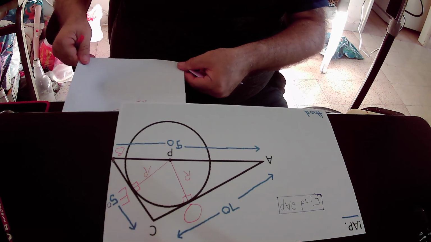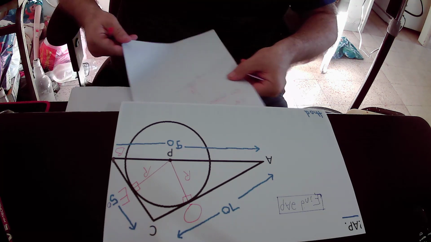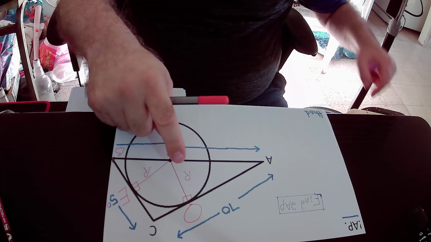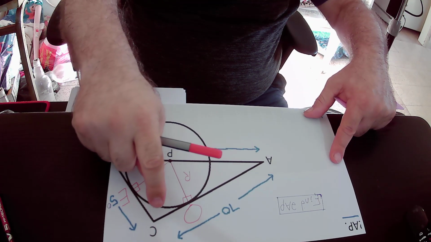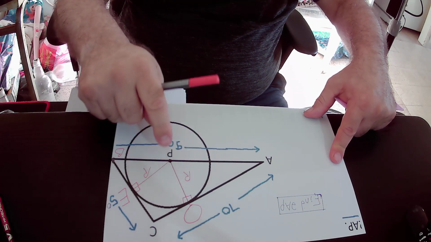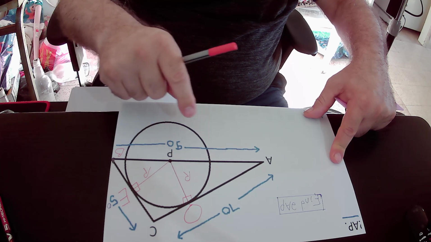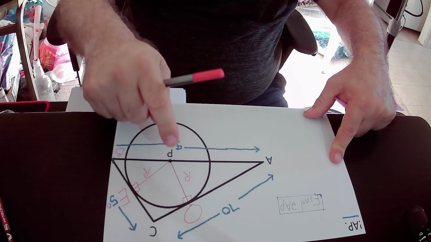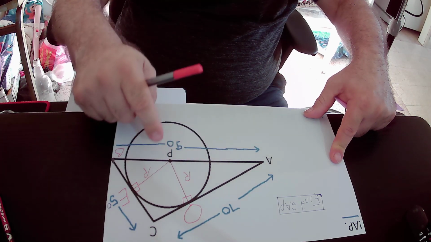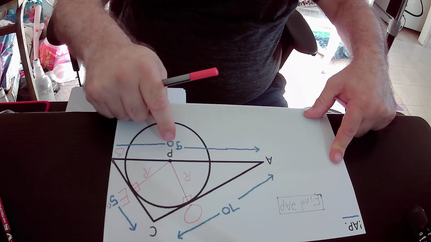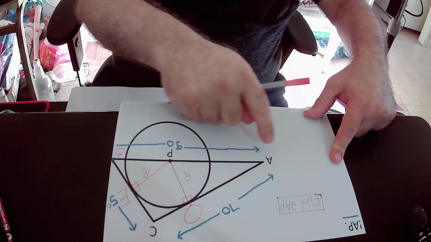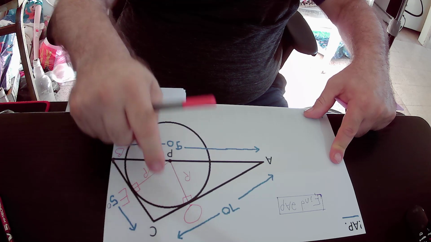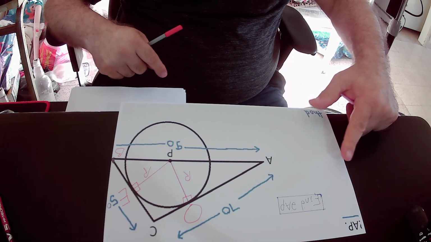I will repeat again that in any circle, a radius and the tangent to that radius are perpendicular to each other. That is to say, PO is perpendicular to AC, so angle POA equals 90 degrees, and also angle POC equals 90 degrees.